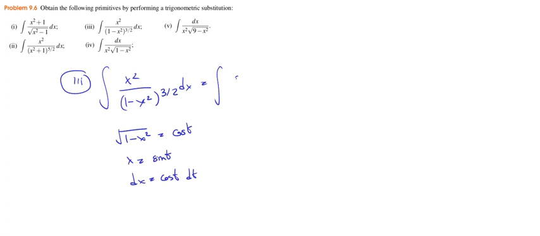So now here we have the sine squared divided by the cosine cubed times the cosine t dt. The cosine cubed, you get cosine squared, so all of this is the tangent squared of t dt, and we know that this is the tangent squared plus 1 minus 1, so the tangent of t minus t.